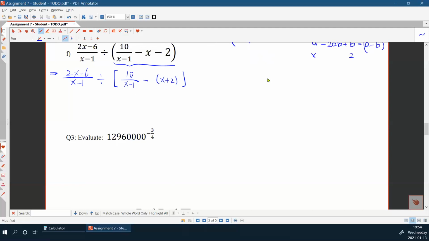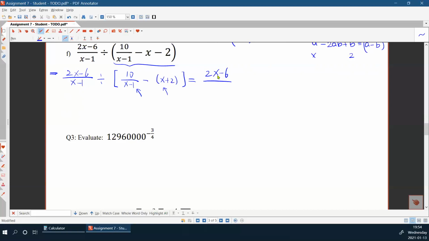Can you see why we do this? Because when you treat x plus 2 as a whole, it's easier for you to find the common denominator. So the common denominator here is just x minus 1. You don't have to do it 2 times. If you treat this x plus 2 as a whole, you only need to do it once, right?